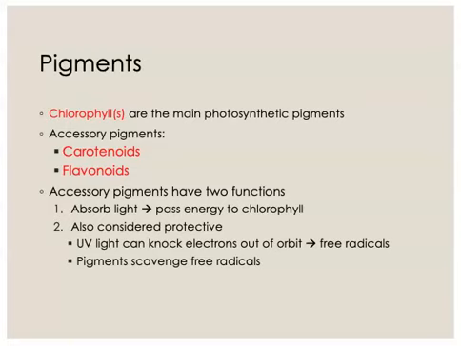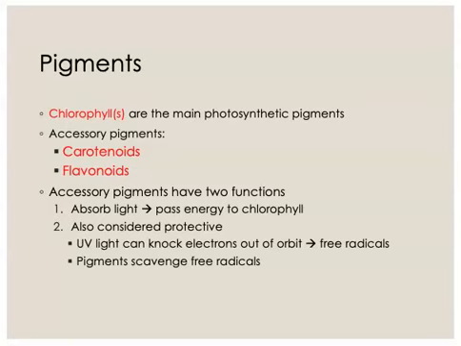Sunlight contains not only the visible spectrum of light, but also ultraviolet light. And as we all know, exposure to ultraviolet light can be damaging to living tissue. Ultraviolet light is capable of penetrating tissue and knocking electrons out of orbit, creating what are called free radicals. What pigment molecules are able to do is scavenge those free radicals and quench them.